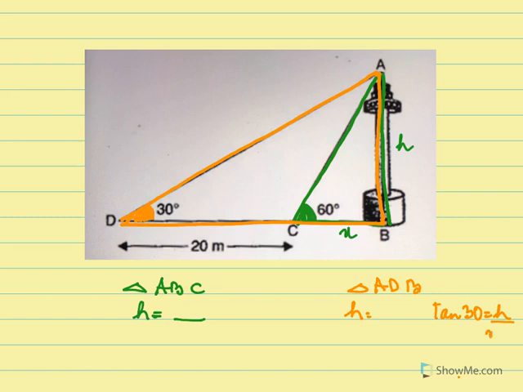We did h over x plus 20, perpendicular over base, and here also we did tan 60 equal h over x. Then we equated for h. We found h in both the cases, and we equated for h, and we got the answer, because h was the common side.